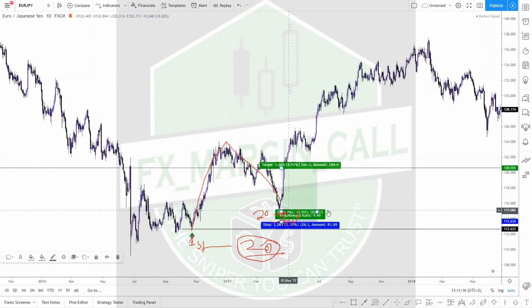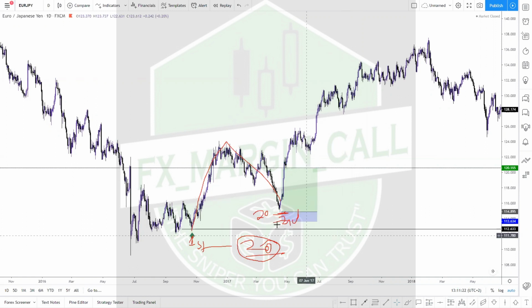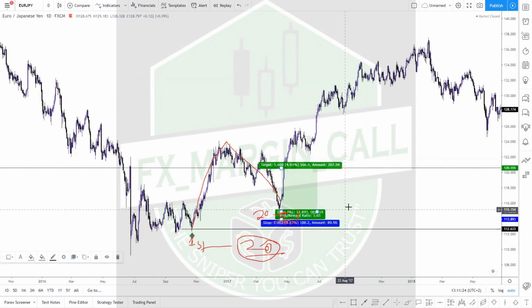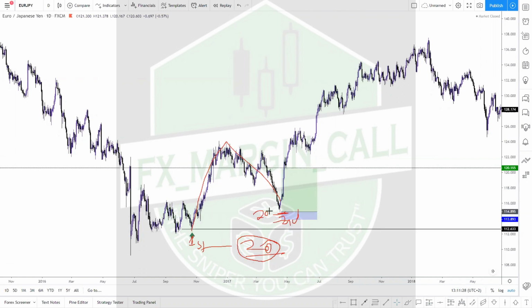Irrespective of whether we have increased our lot size to 0.02, our stop loss has to be on minus $20. It cannot be more. Once this one gets triggered, we are in $20 profit.